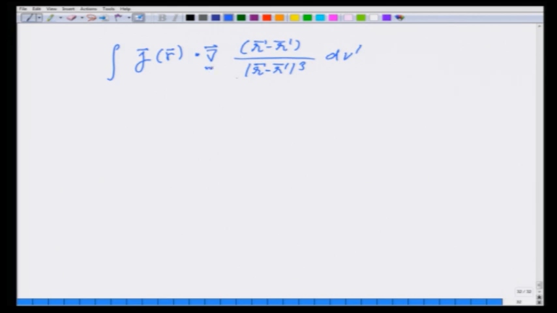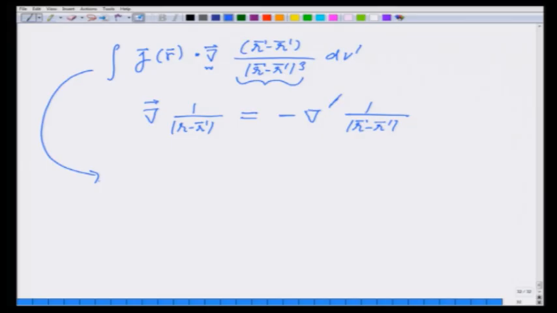When del operates on r minus r prime, it is equivalent to del operating on any function of r minus r prime, which is equivalent to minus del prime operating on 1 over r minus r prime. All right, so you can play around with many functions and see that this is true.